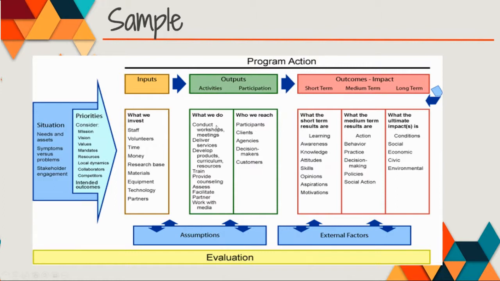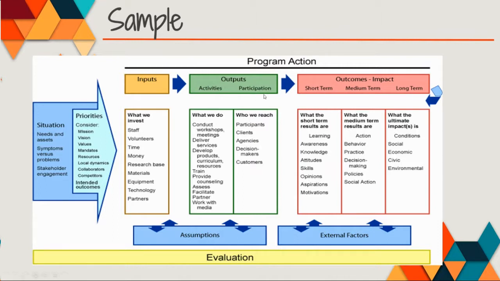So a program may deliver services related to workshops, meetings. They may provide more tangible resources like curriculum and program resources. They may provide training or counseling. They may work with the media to make sure that there's a lot of communication around their program offerings. All of those types of activities are found in outputs.